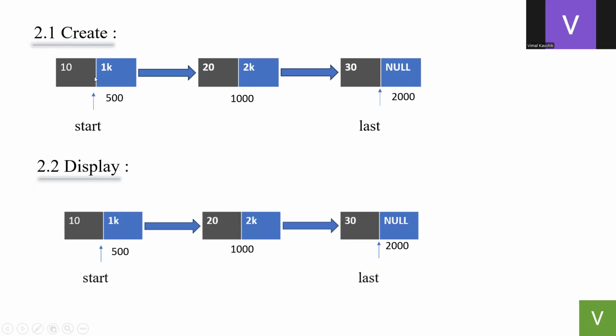Start corresponds to the first node, whereas last corresponds to the last node. So this is the creation operation. Now let us look at the display operation. In the display operation, we start with the starting node and we display the elements until we reach the last node. This is meant by display operation.